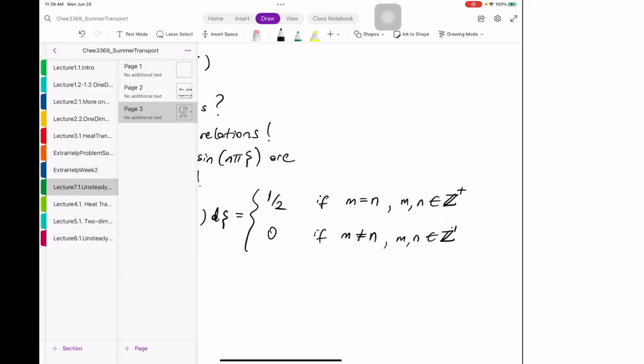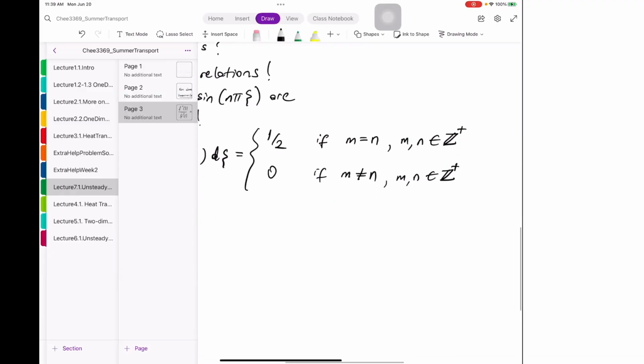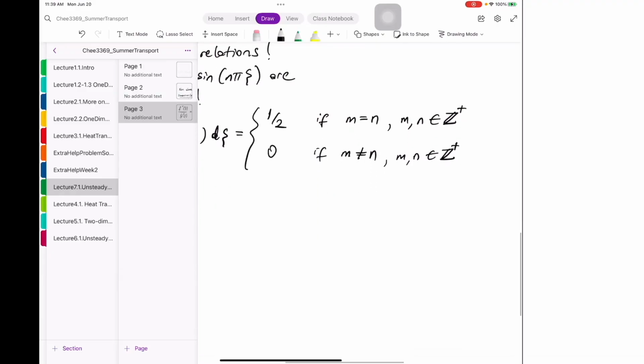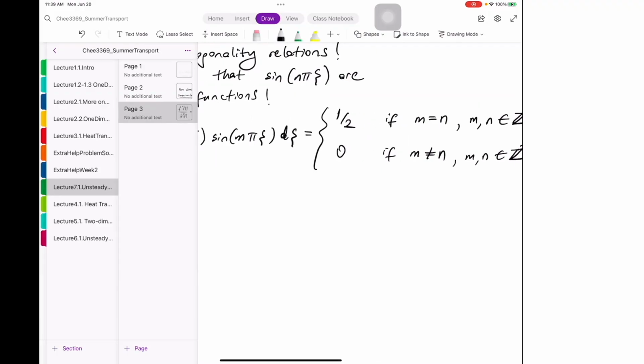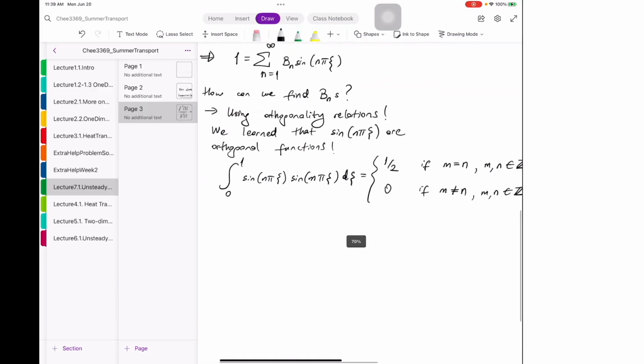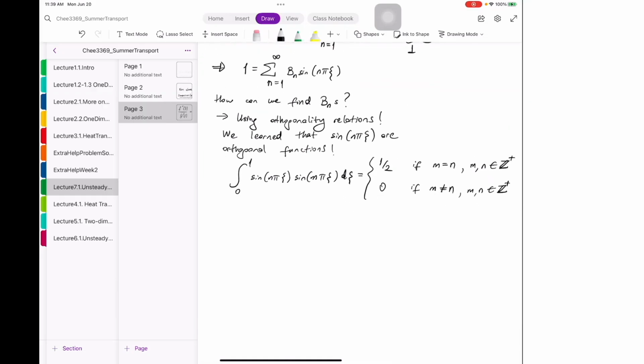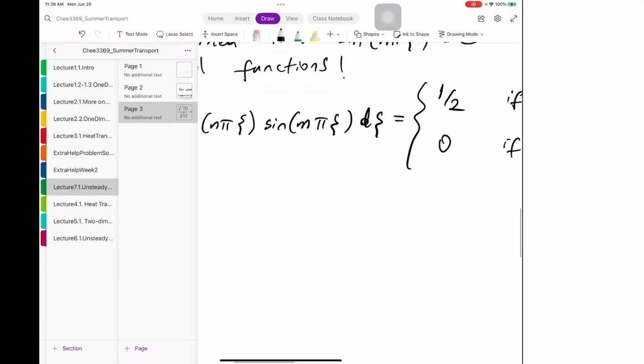When you include the negative ones as well, then if m is equal to negative n, you can still have the non-zero term, and that's the reason why we want to exclude the negative values.